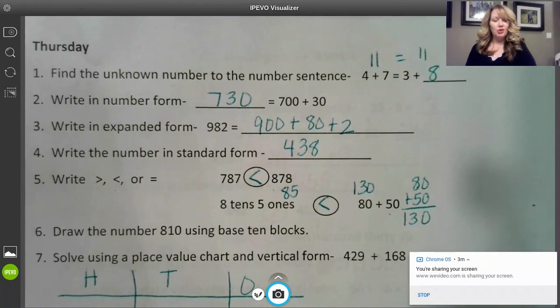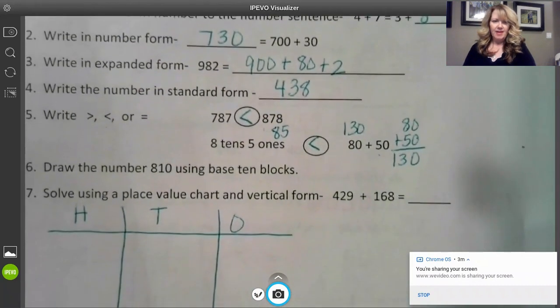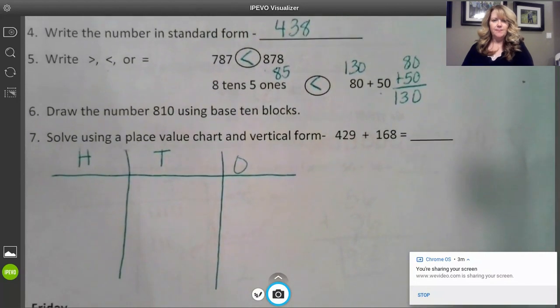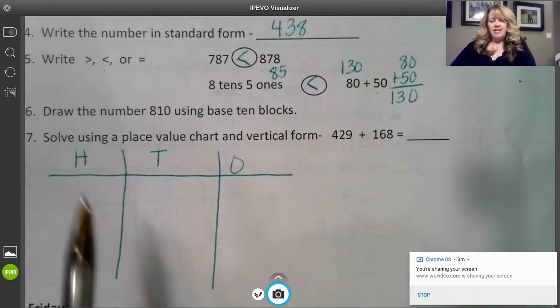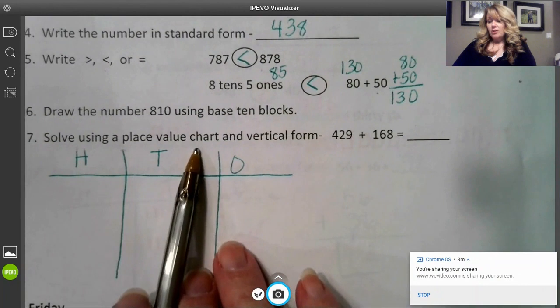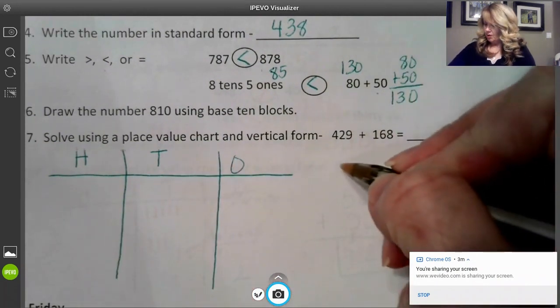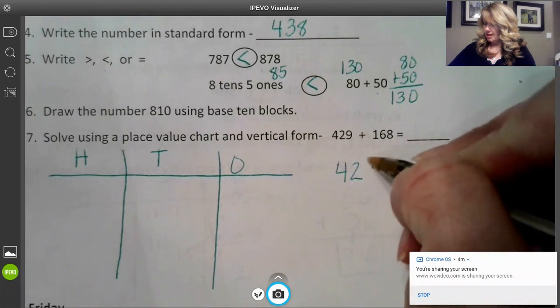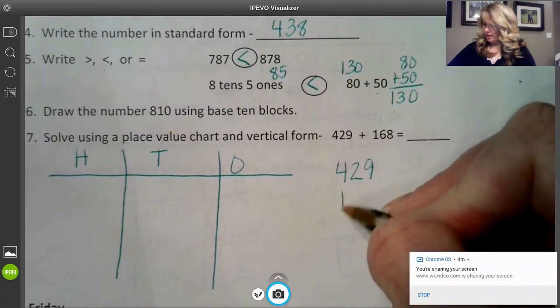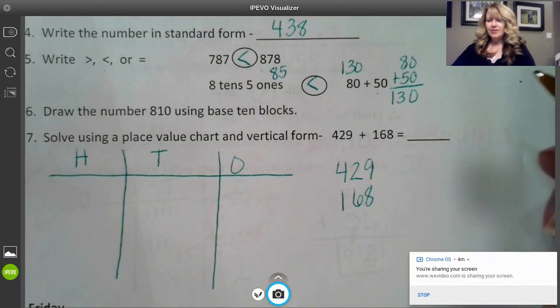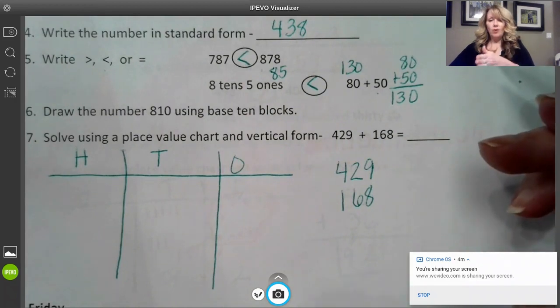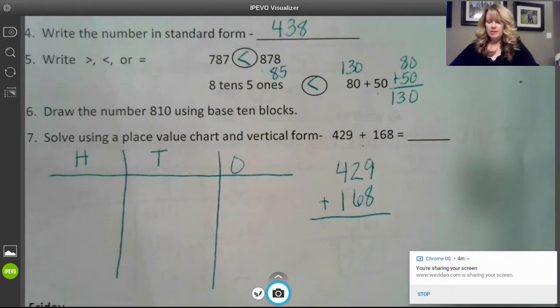Okay, we are ready for the last problem today. Let's slide this up some. It says that we're going to solve using the place value chart, which I've drawn here, and vertical form for the problem 429 plus 168. And I write that making sure that my ones, tens, and hundreds are all lined up.